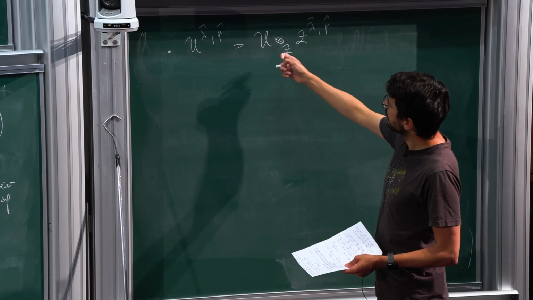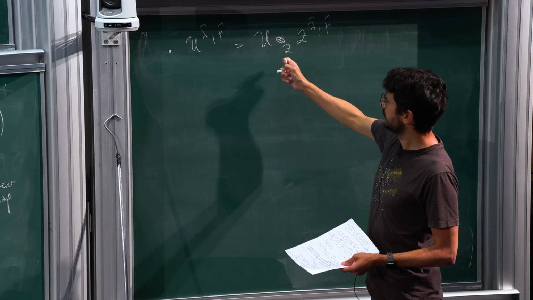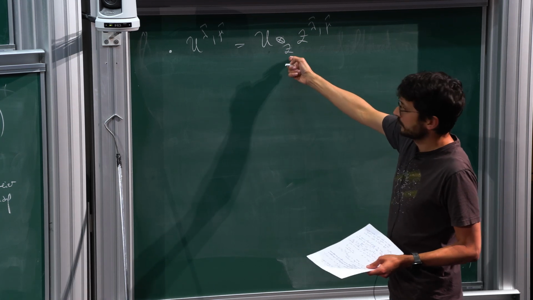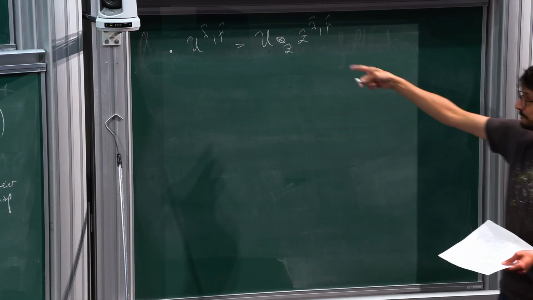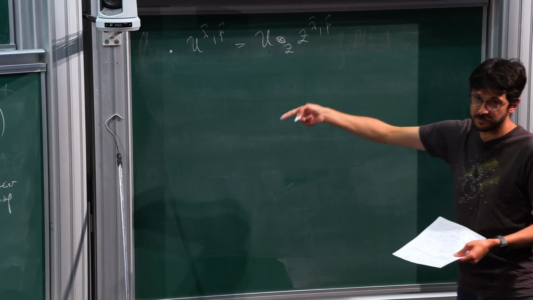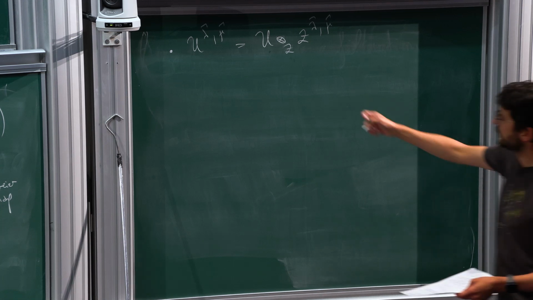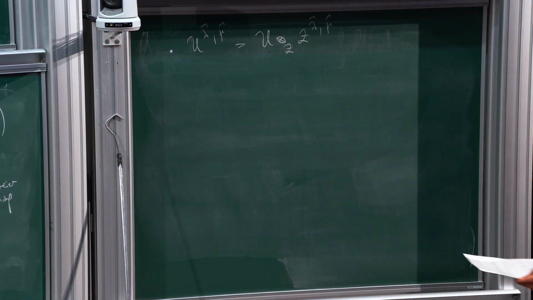So here U is not a finite module over this central subalgebra. So this tensor product with the completion is not the completion of the algebra, but this is really what appears in what I'm going to explain next.